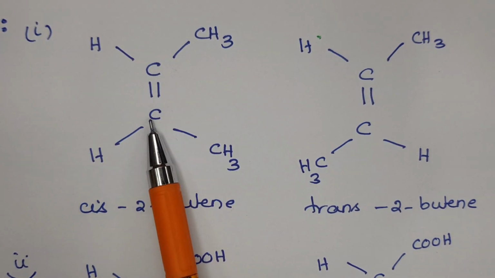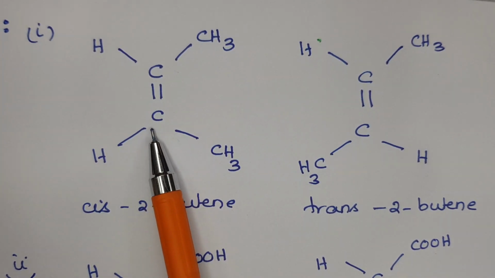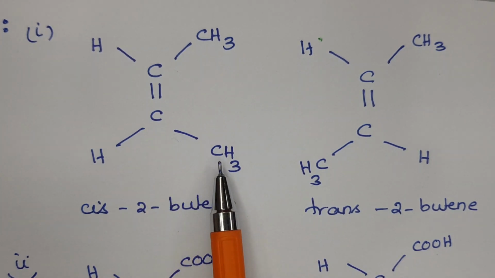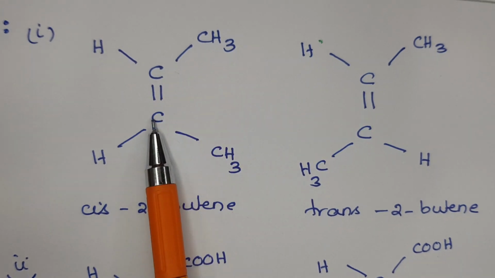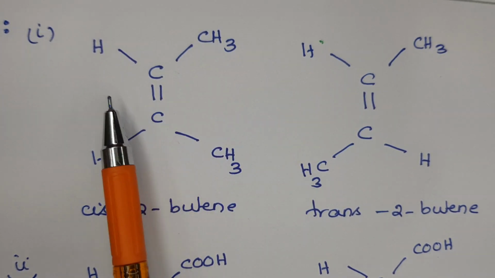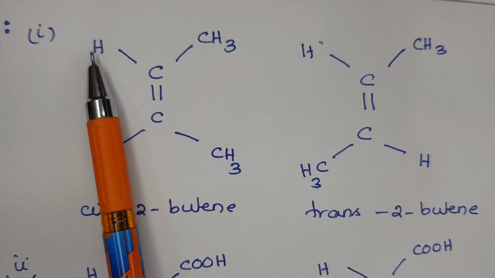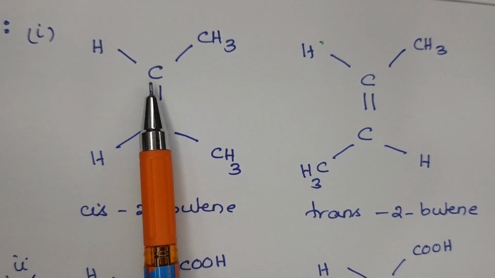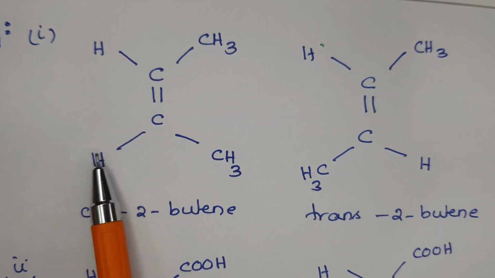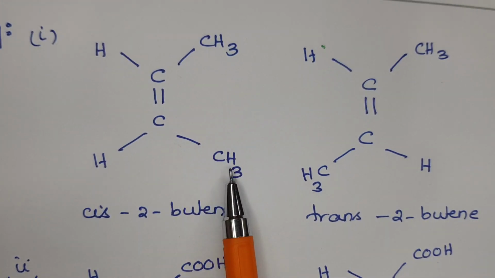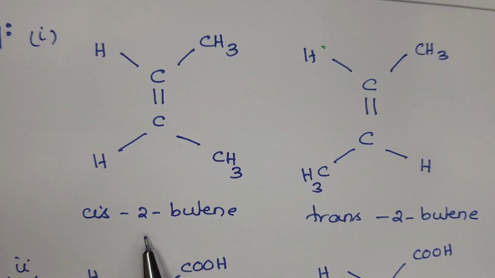Look here, doubly bonded carbon atoms, C double bond C, starting with CH3, CH, CH, CH3. On the second carbon double bond, look here students, on this carbon H and CH3, and on the other carbon H and CH3. So hydrogens are on the same side and methyl groups are on the same side. Hence it is called cis-2-butene.